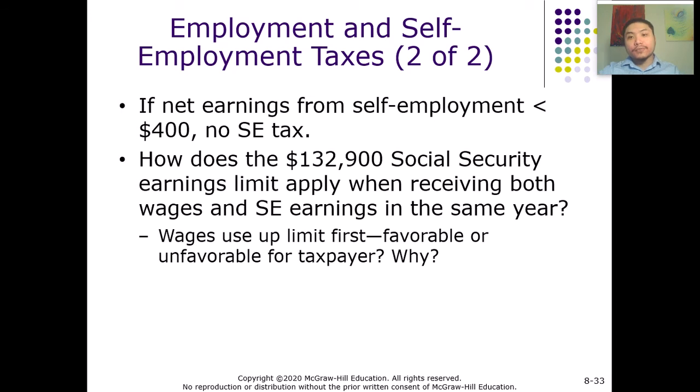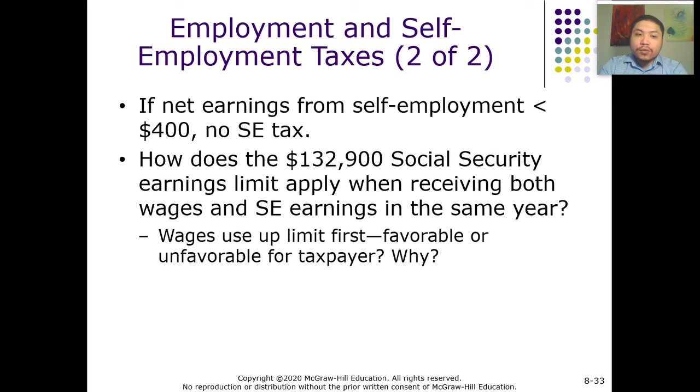And then after that, we proceed to calculate her FICA taxes on her self-employed business. But remember that for Social Security tax, there's a tax base limit of $132,900. So what happens when the taxpayers have two jobs?